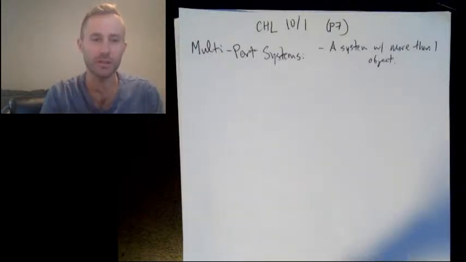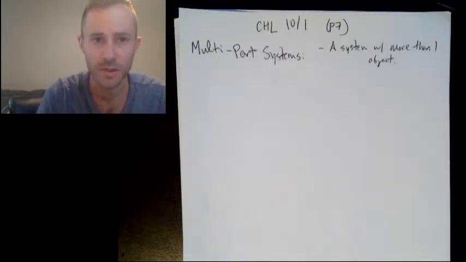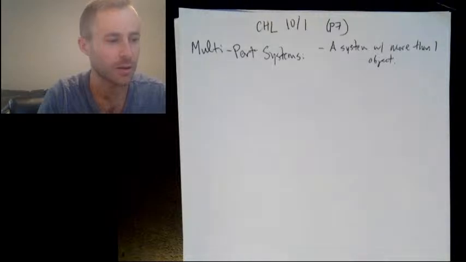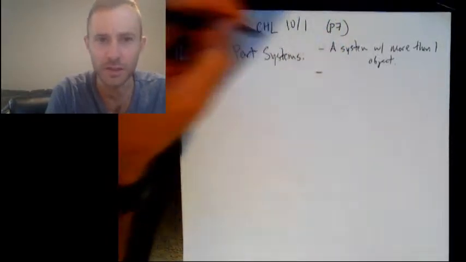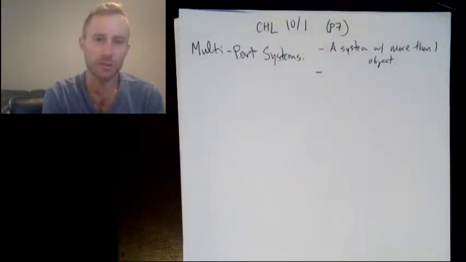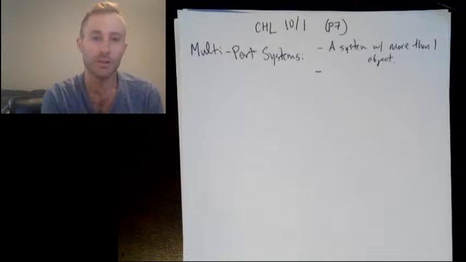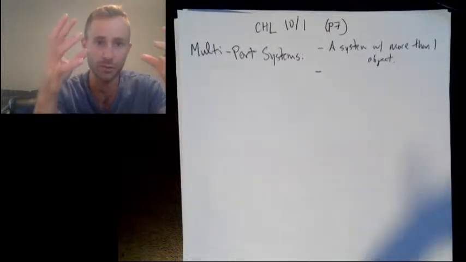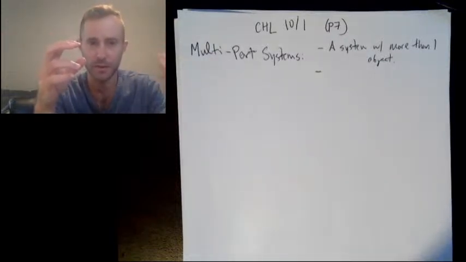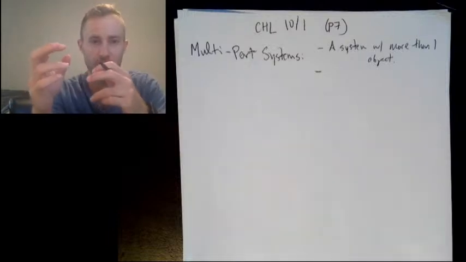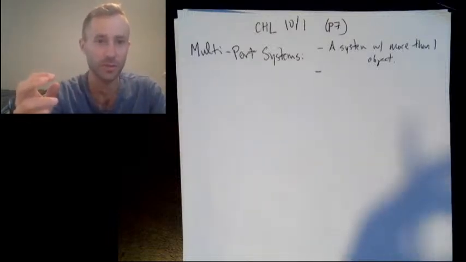They could be accelerating in different directions. And the key thing that's going to help you solve multi-part system problems is Newton's third law. Because if we have two things that are interacting, the force that A exerts on B is equal and opposite to the force that B exerts on A.